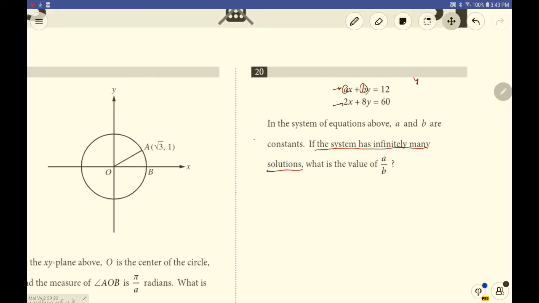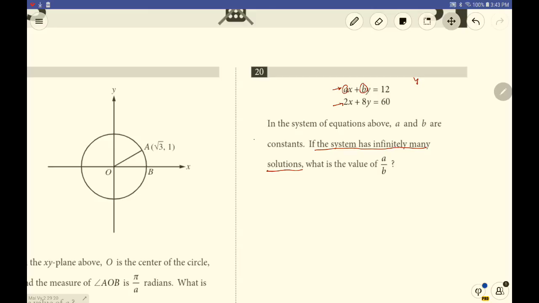Number 20. If the system has infinitely many solutions. Now, I gave you an example before that if you have an equation where they say if the system has infinitely many answers, it means the coefficients of each term on the left is equal to the coefficient of the corresponding term on the right. This one's a little different because it's a system. But if the system has infinitely many solutions, it means that these two are the same line.